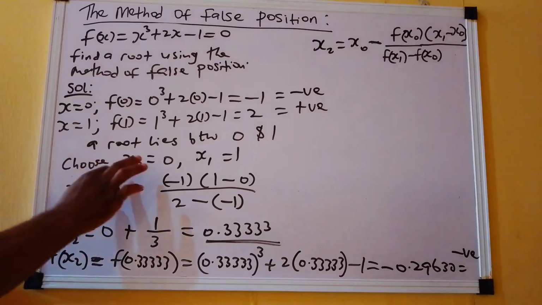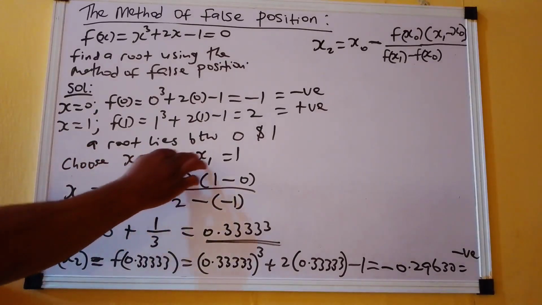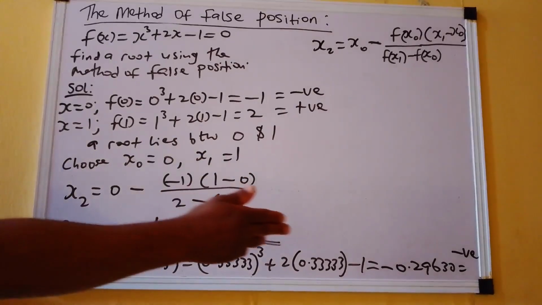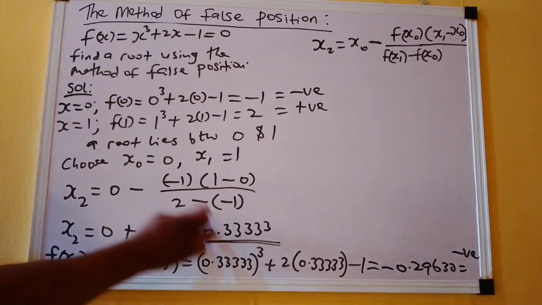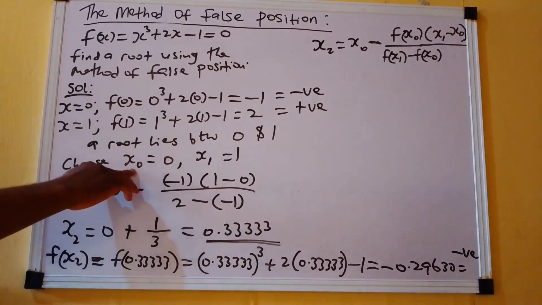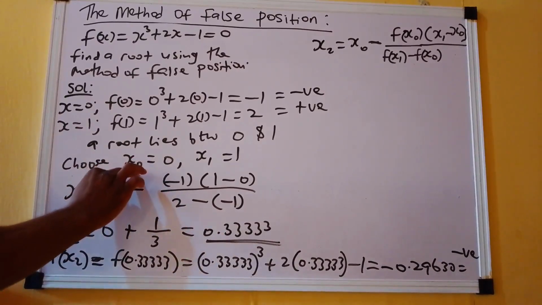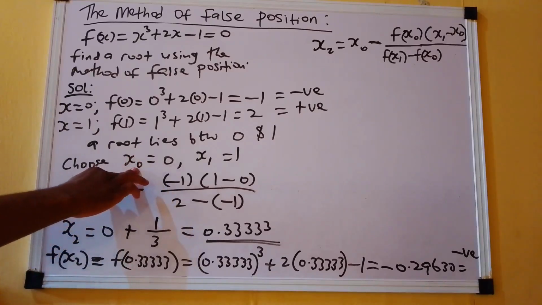Note our x naught is 0, our x1 is 1. So since this is negative, this particular value will come and replace our x naught, because anything that has to do with negative has to do with the x naught.